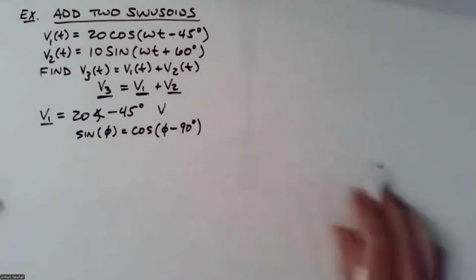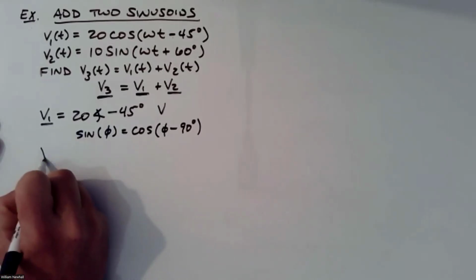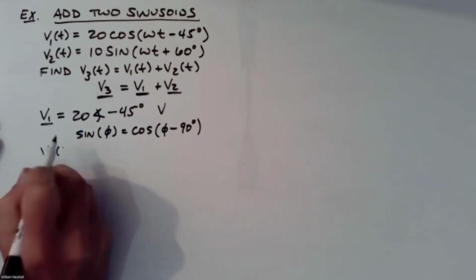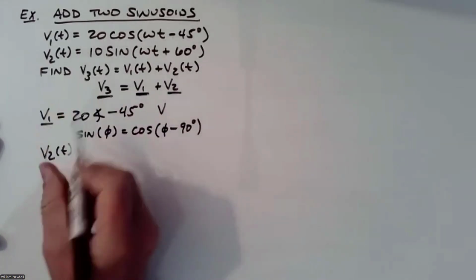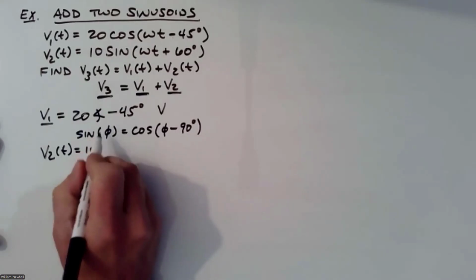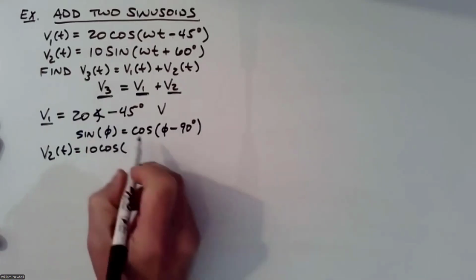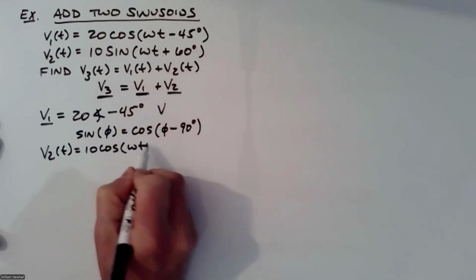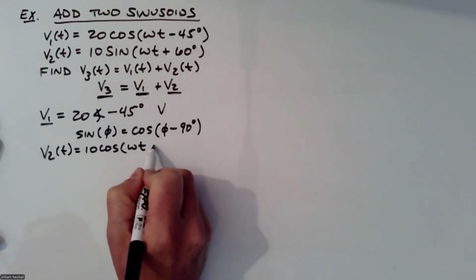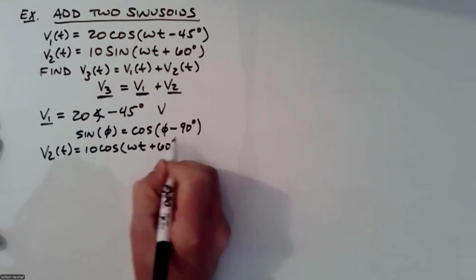Okay, that's equivalent. So I can say V2 of t equals 10 cos of omega t plus 60, right?